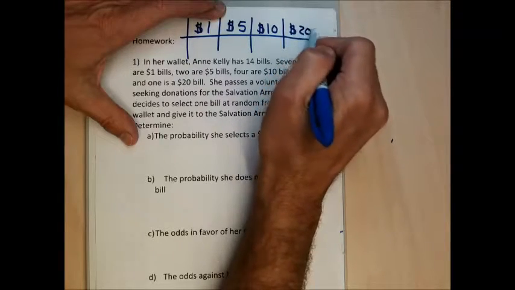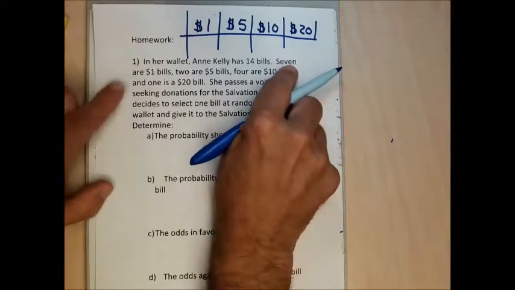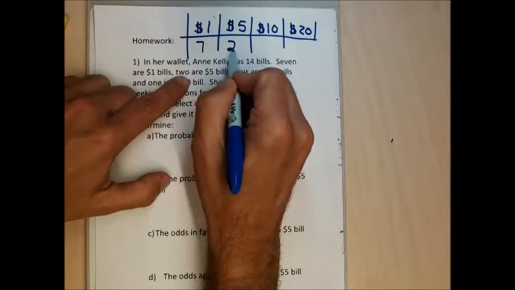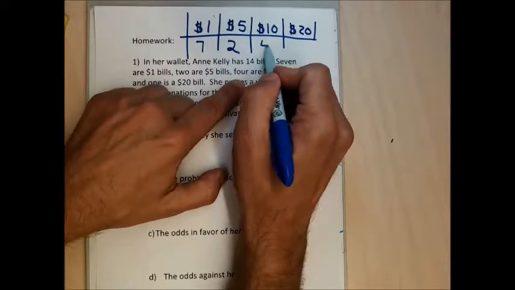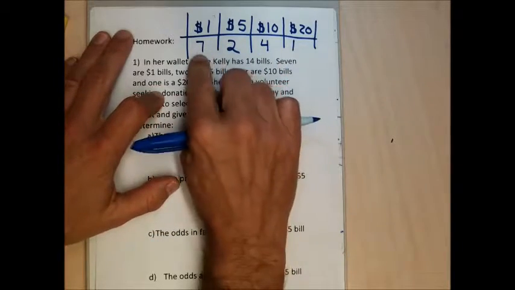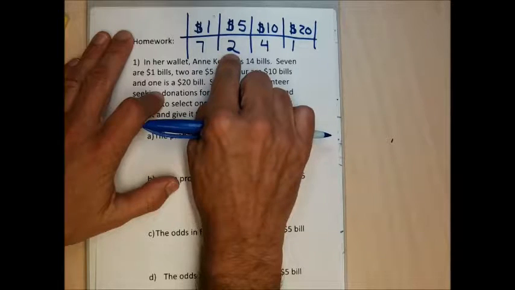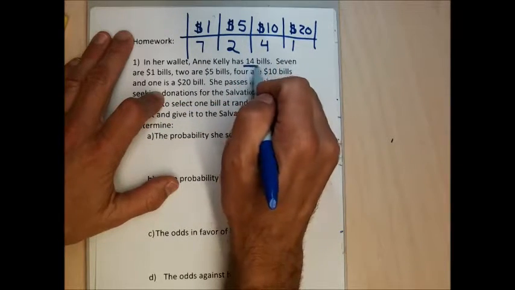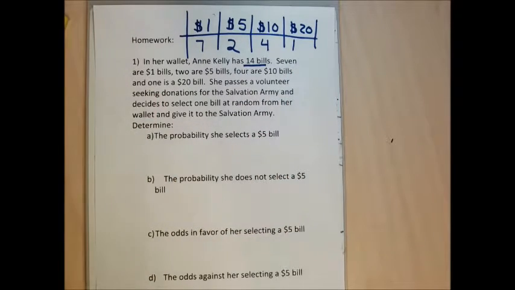She has 7 $1 bills, 2 $5 bills, 4 $10 bills, and 1 $20 bill. If I add these up, 7 plus 2 is 9, plus 4 is 13, plus 1 is 14. That makes the 14 bills Ann has in her wallet.